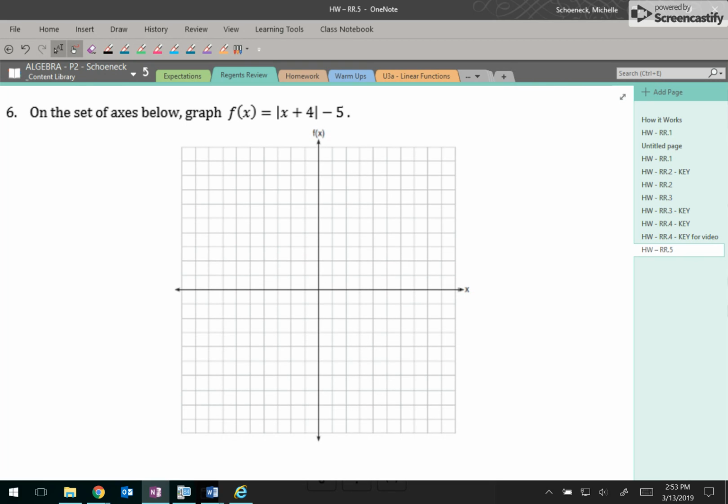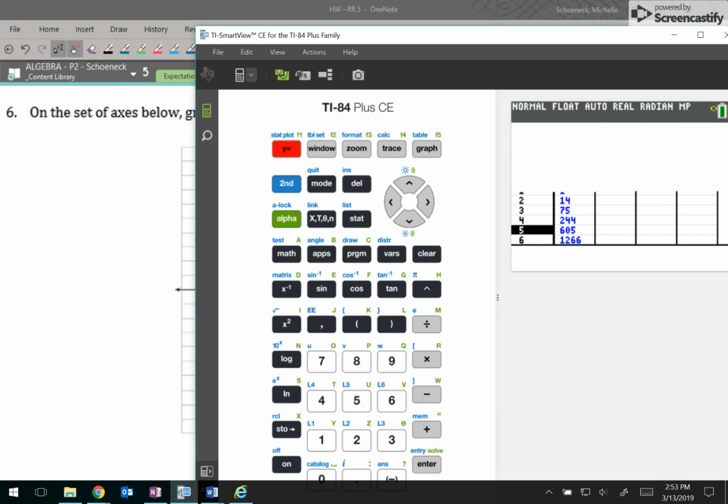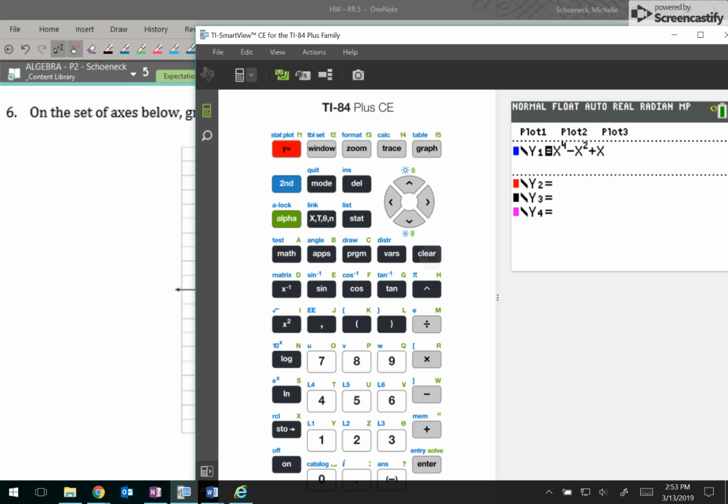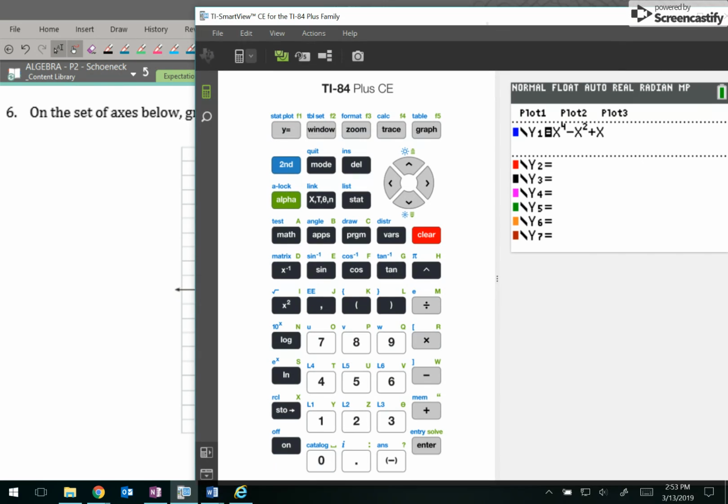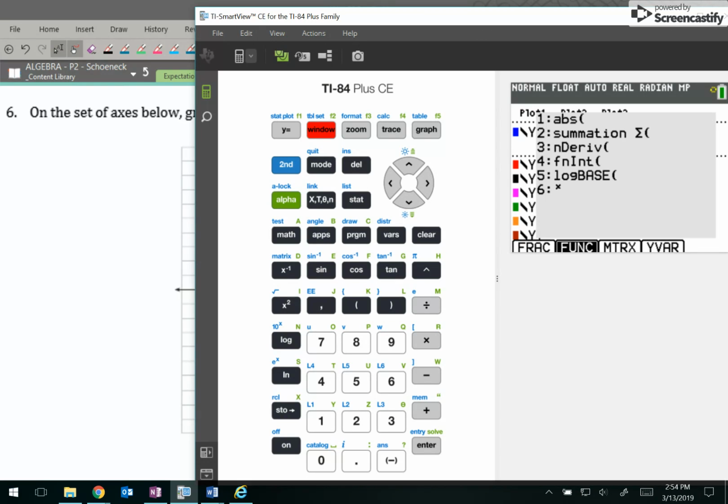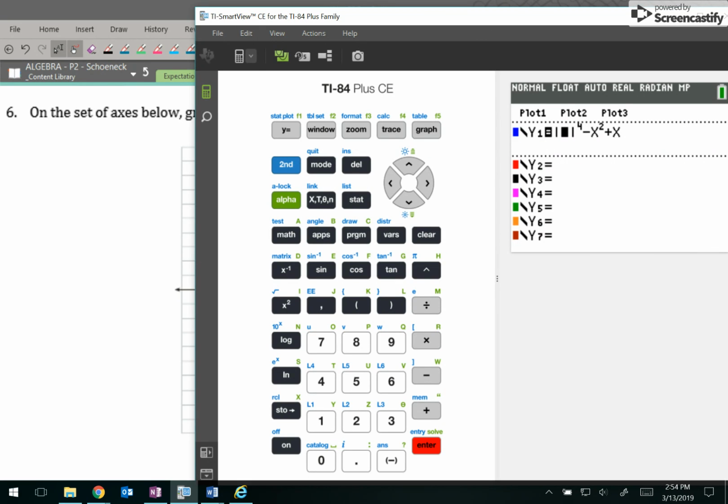All right, number 6. On the set of axes below, graph f of x equals the absolute value of x plus 4 minus 5. So we go into our calculator and change that. Remember, to get absolute value, we have to do alpha window. Oops.